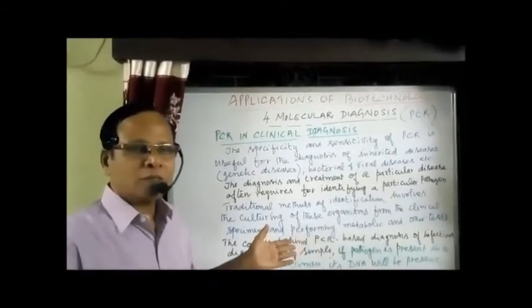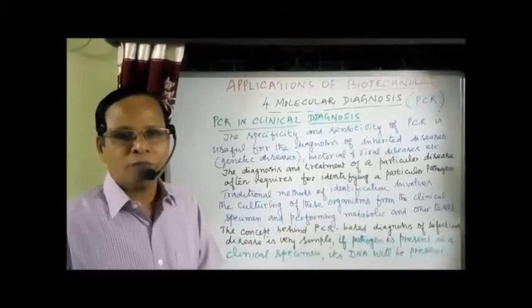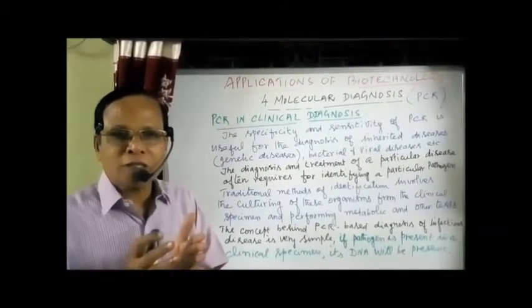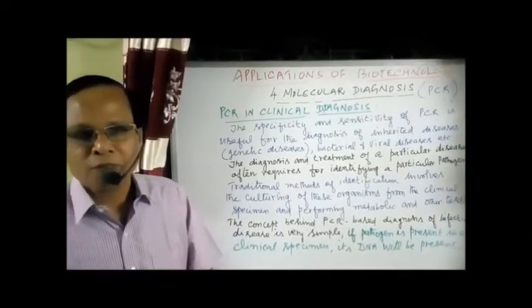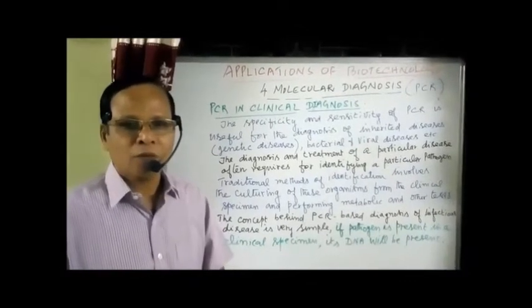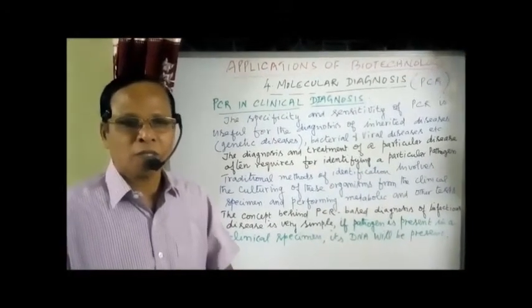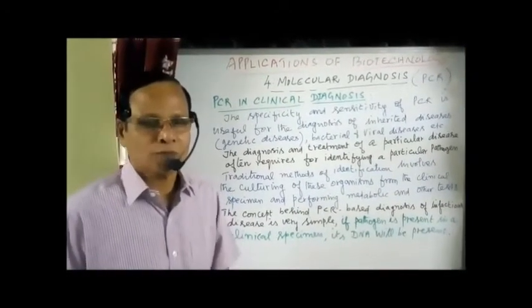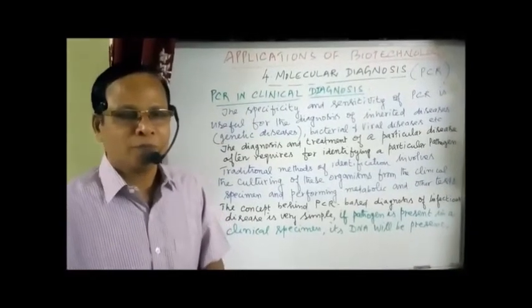The traditional or conventional method of identification involves culturing these organisms from a clinical specimen. Clinical specimen means the blood sample, or the urine sample, or the sputum sample, or the spinal fluid, or the stool. Anything which is collected for a test is called a clinical specimen.